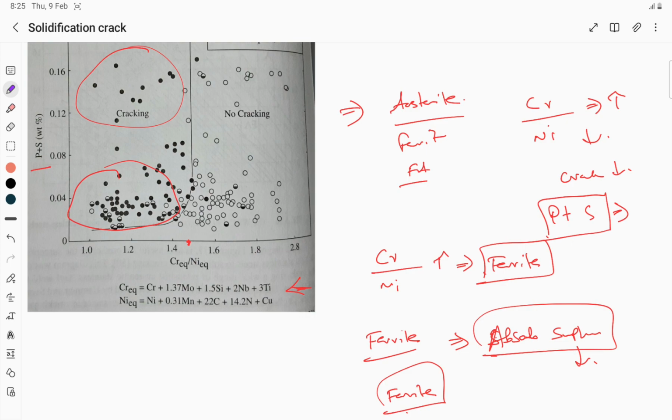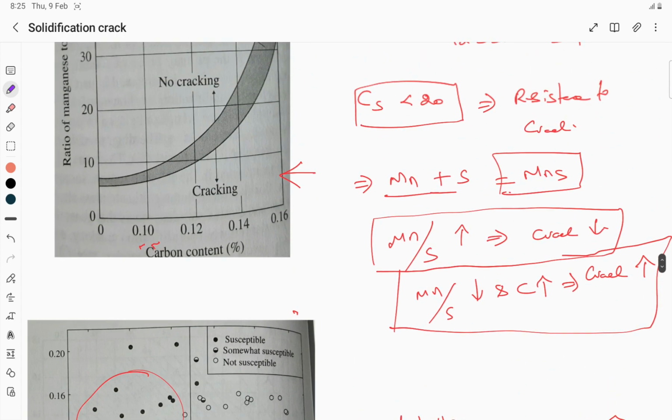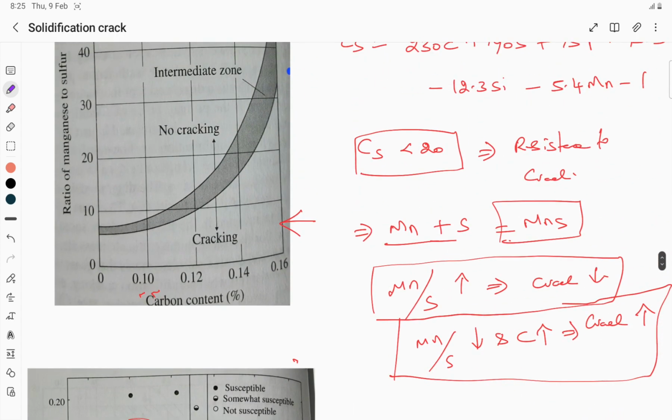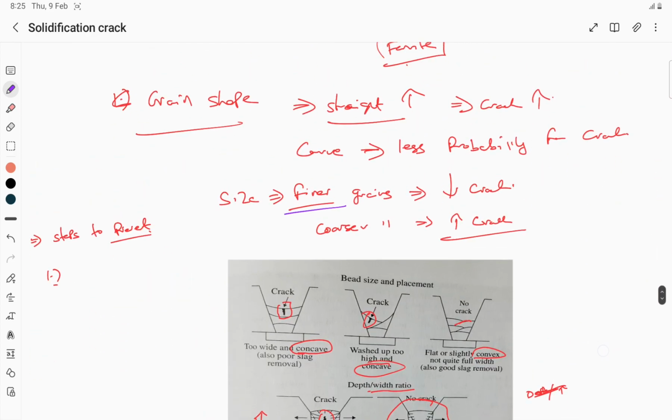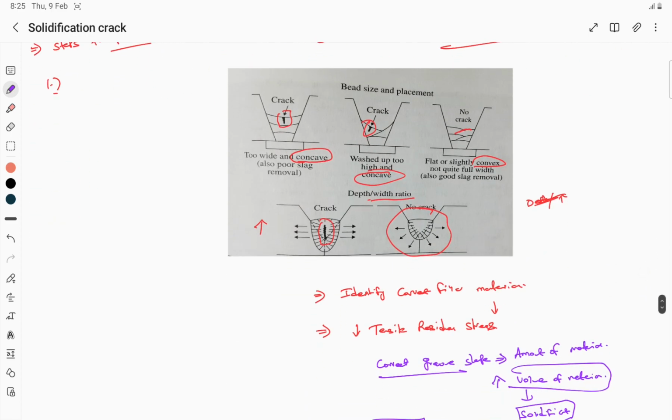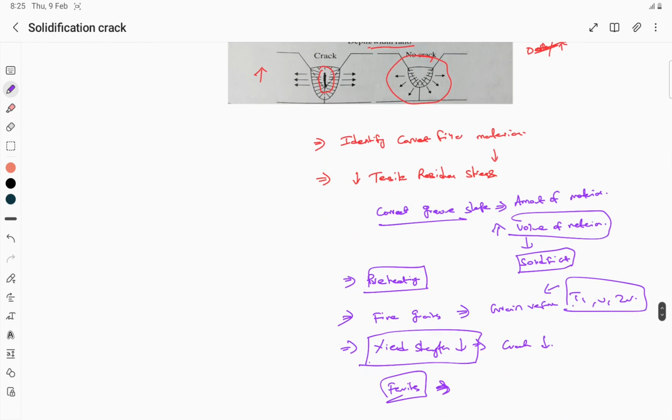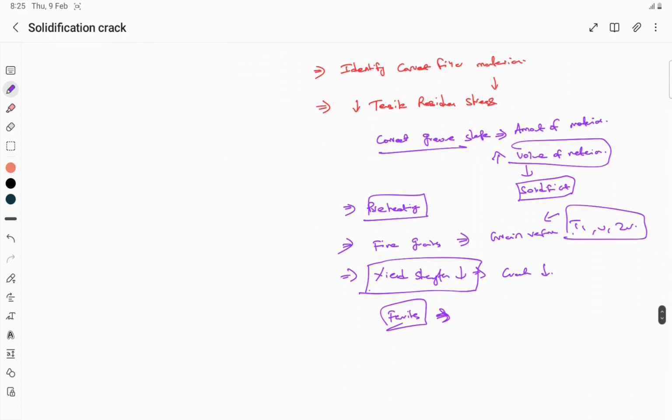So we have to weld in such a way that it results in more ferrite in the material. We have also seen this with respect to the manganese sulfur ratio and carbon content, and grain shape also comes into the picture, as do grain size, bead shape and the depth to width ratio. And finally, we have seen what steps we can generally take to avoid solidification crack.